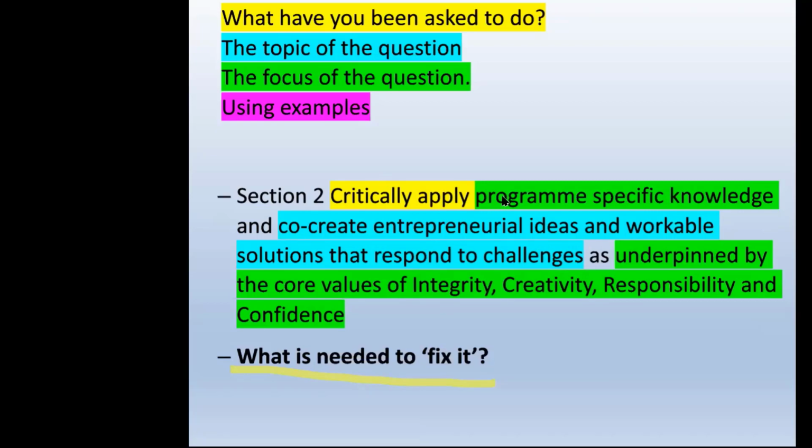Critically apply, so using what the program specific knowledge is, try and create ideas and workable solutions that respond to the challenges. So the topic is you've got to try and create things that will sort out these issues and challenges. But the important thing is that the solutions you create and the responses you have are program-specific knowledge and are underpinned by the core values of GCU.